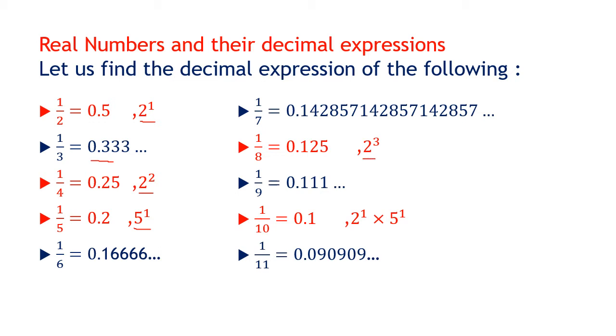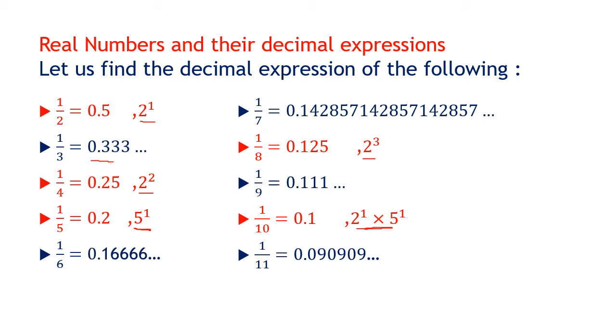So what are you observing here? 2 with any power in the denominator gives a terminating decimal. Yes, even 5. Can you see this? Even 5. And here we have got 10, which is a combination of 2 and 5. So you are observing a pattern here.